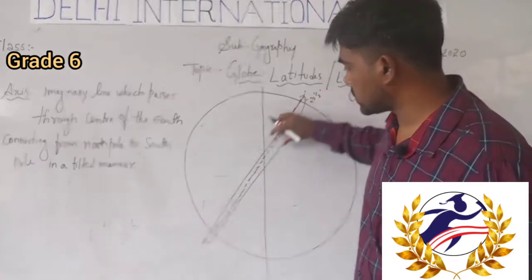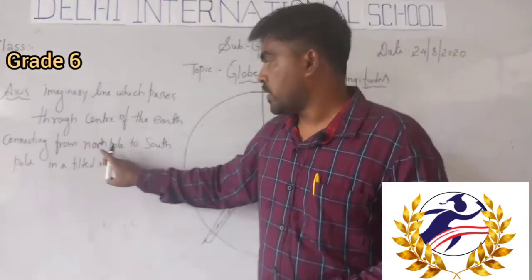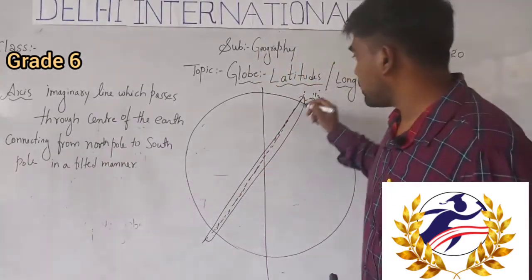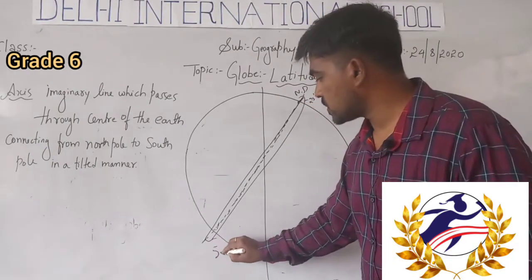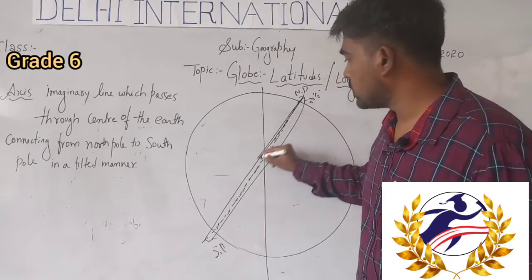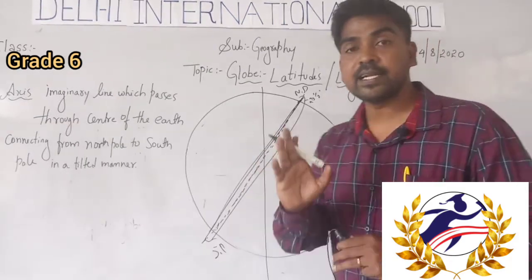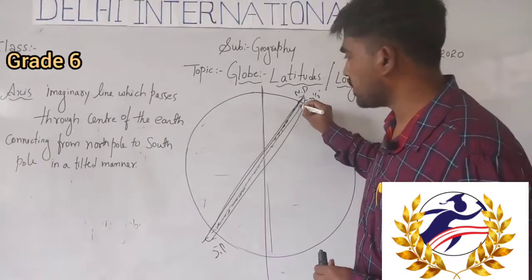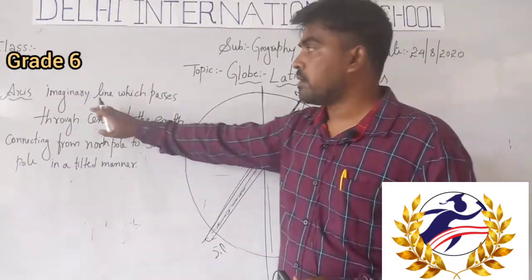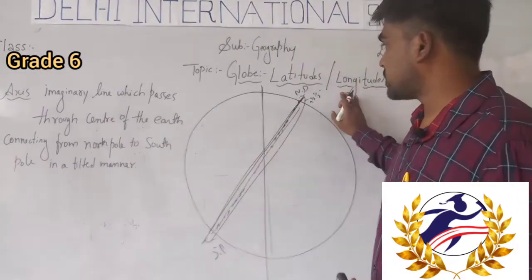It passes exactly through the center of the earth, connecting the north pole to the south pole in a tilted manner, not exactly straight. It is called the axis.